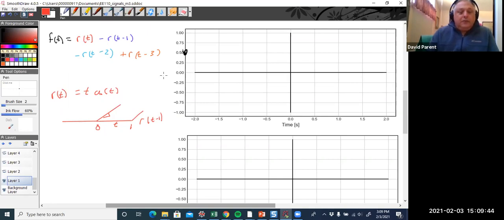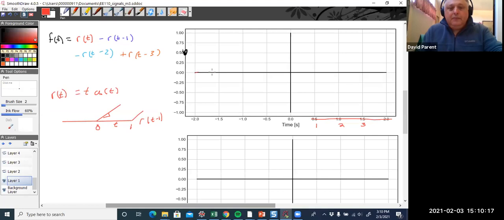All right, let's do the first ramp. And let me just rearrange the scale there.